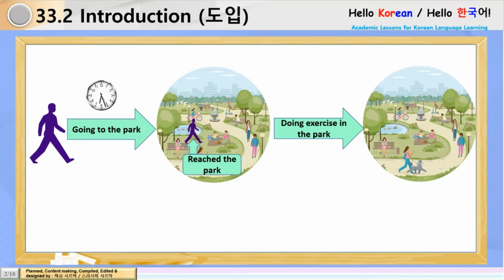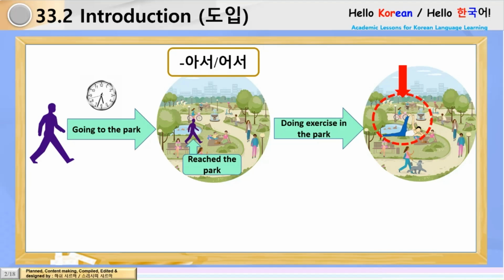The first action is going to the park, and the second action is doing exercise in the park. We can combine these two actions with grammar 아서/어서, as these are sequenced with respect to time. How? See here.